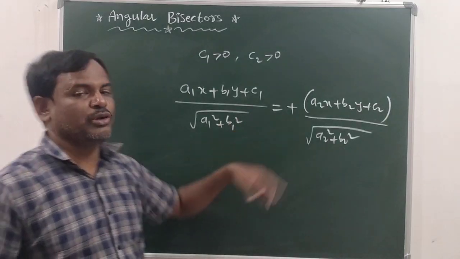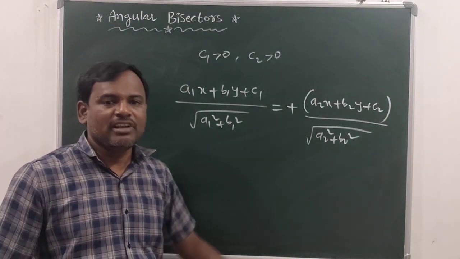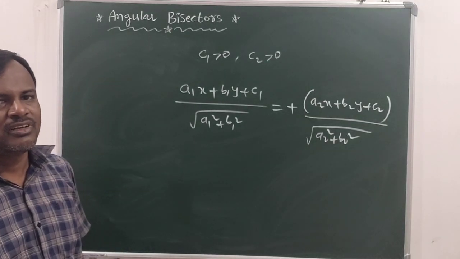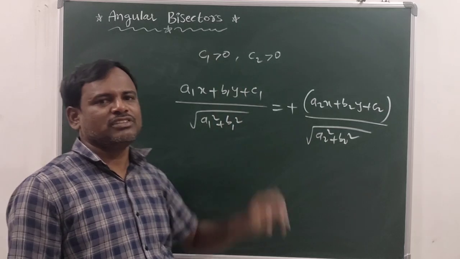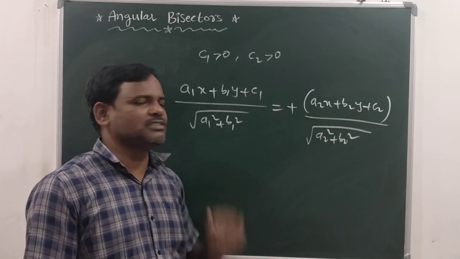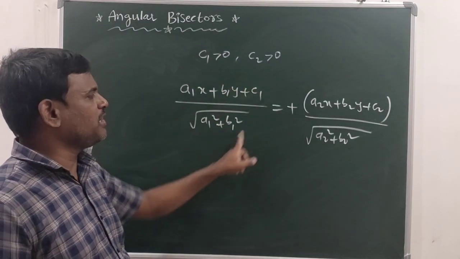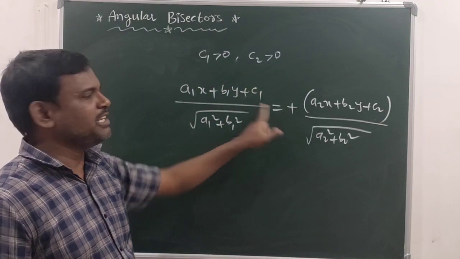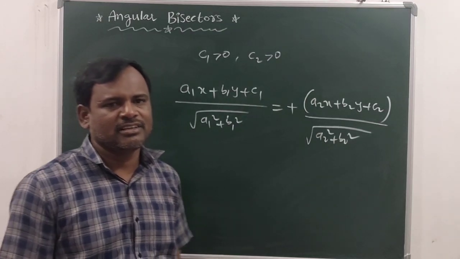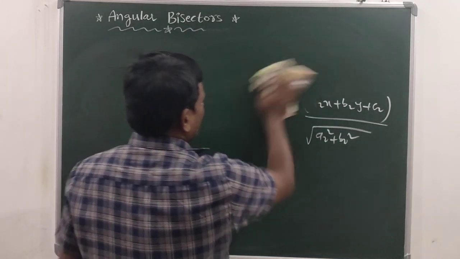On equating with plus, you get one angular bisector, and that will be our required angular bisector in which the origin is lying. First, you have to check whether c1, c2 are positive or not. If positive, then find this. If not positive, first make sure c1, c2 are positive. Afterwards, equate with this plus. This plus indicates our required angular bisector in which the origin is lying. Okay, students? Right. Next, one more model.